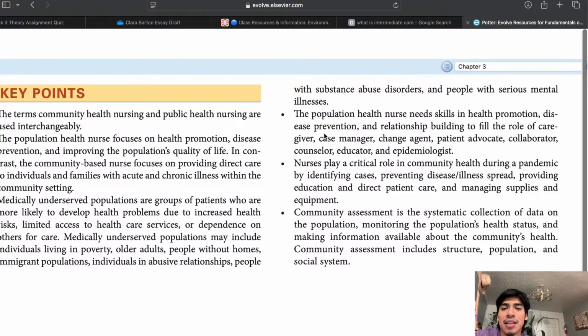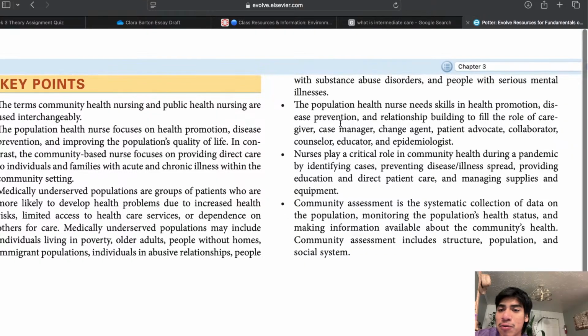All right. The population health nurse needs skills in health promotion, disease prevention, and relationship building to fill the role of caregiver, case manager, change agent, patient advocate, collaborator, counselor, educator, and epidemiologist.